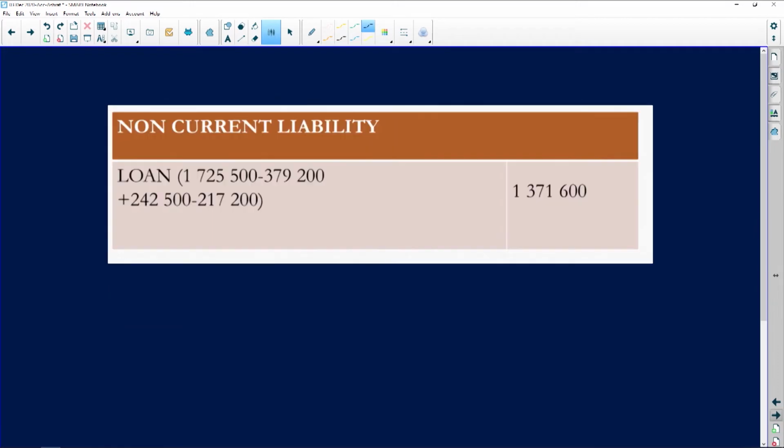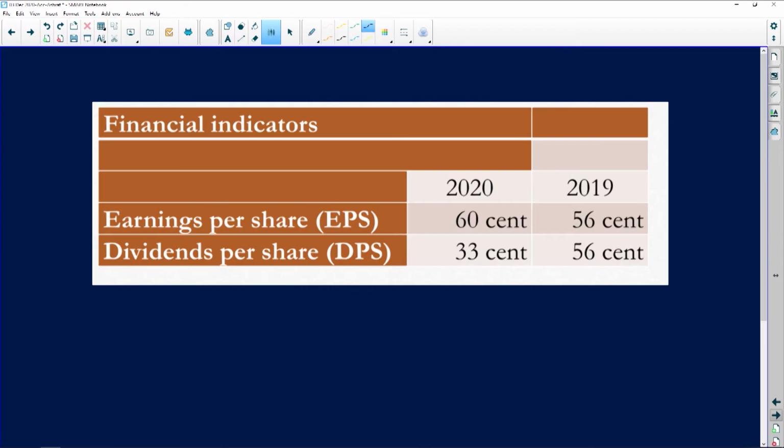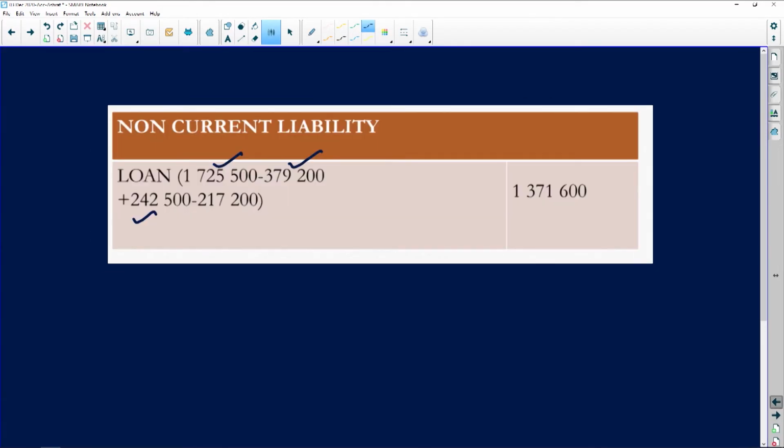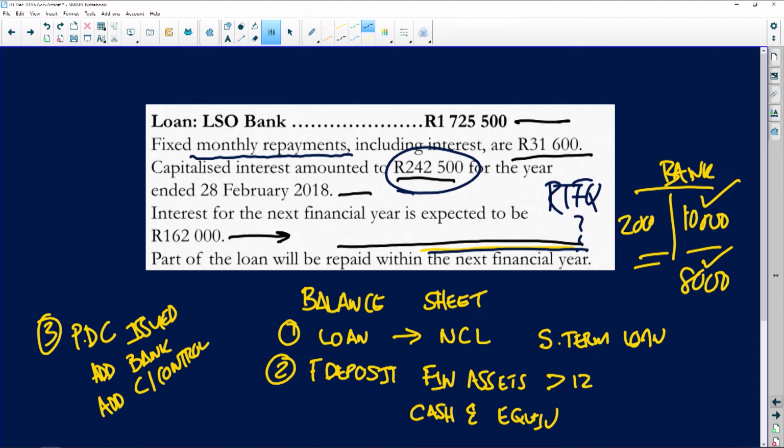Right, now watch this here. Look at the way in which this is presented, right? 1,725,000 opening balance minus your capital repayments plus your interest. Now, let's go back and see what they tell us. We were told in the information that it is expected that your interest next year will be 162,000, right?